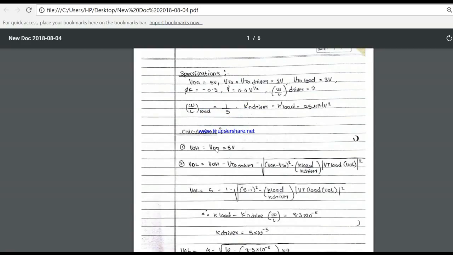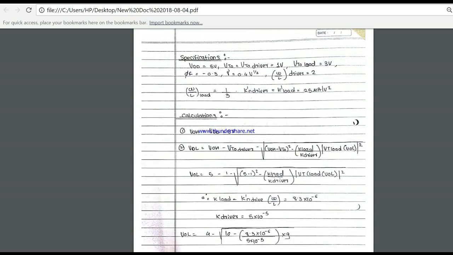That is VOH: when the input is low, the output is high, that is equal to VDD, so it is 5 volt. VOL is VOH minus VT naught of driver minus the square root of (VOH minus VT naught) squared minus K load by K driver times mod of VT load times VOL squared. Putting the values in this equation, we'll get VOL.